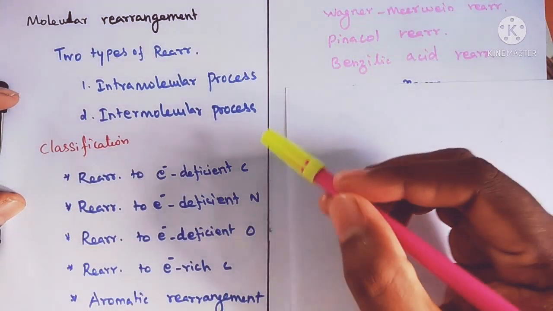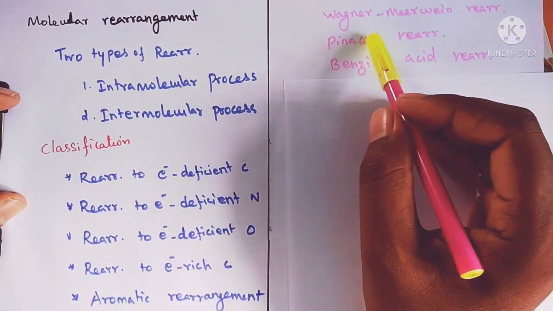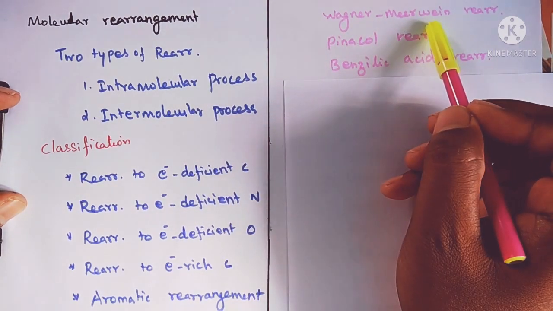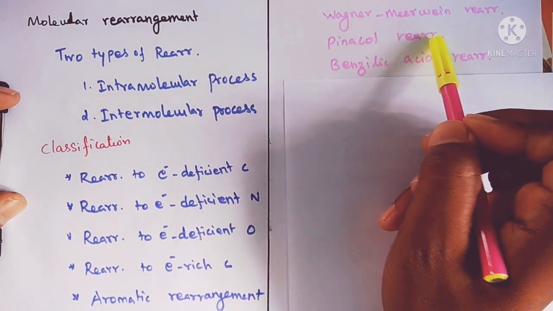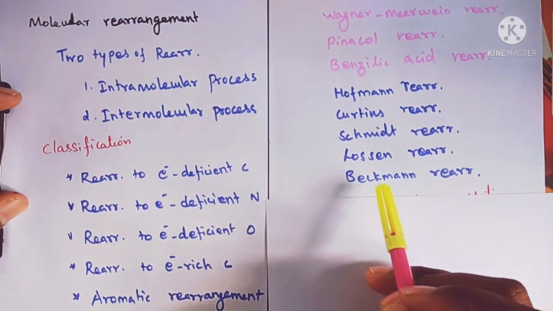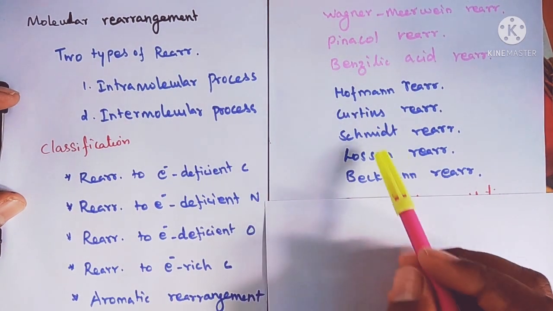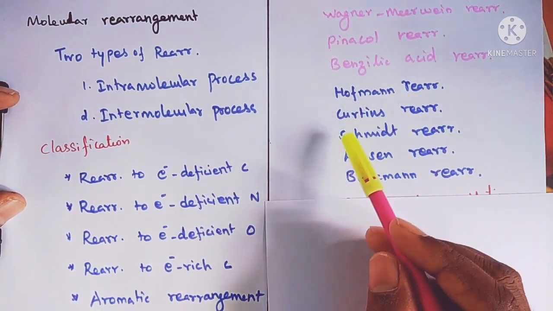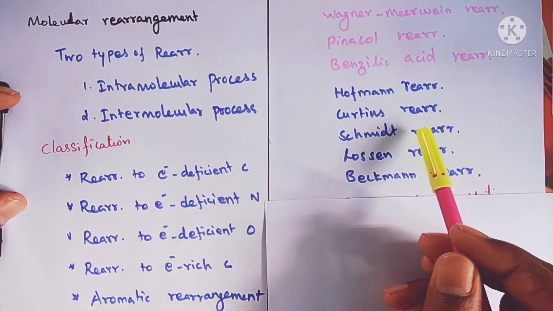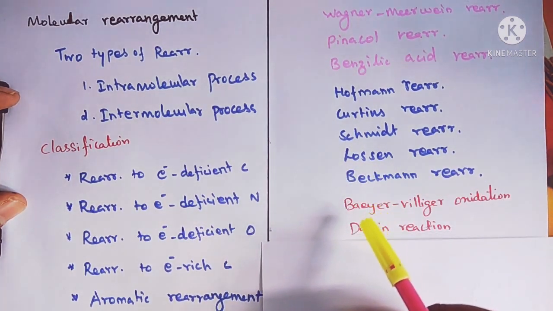For rearrangement to electron deficient carbon, we are going to discuss the Wagner-Meerwein rearrangement, pinacol rearrangement, and benzilic acid rearrangement. In the case of rearrangement to electron deficient nitrogen, there are 5 different methods: Hofmann rearrangement, Curtius rearrangement, Schmidt rearrangement, Lossen rearrangement, and Beckmann rearrangement.